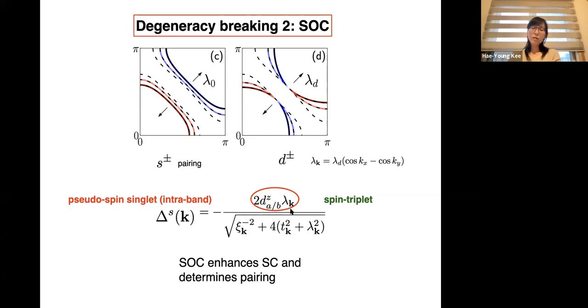In fact, we convert this triplet into a pseudo-spin singlet, because this appears in the intra-band, so it appears to be in the same band, which always will have the k and minus k pairs. And that's why spin-orbit coupling enhances the superconductivity and also determines the pairing symmetry, because this momentum-dependent lambda k will carry over to the intra-band pseudo-spin singlet.